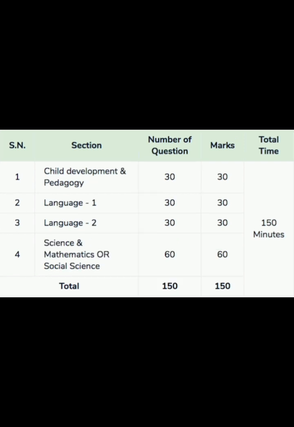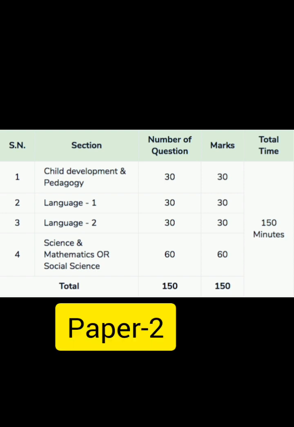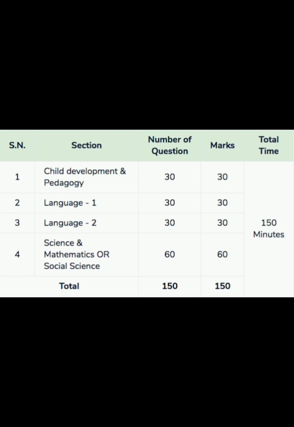For paper 2, child development and pedagogy, there are 30 questions, marks is 30. Language 1, 30 questions, marks are 30. For language 2, 30 questions are there and allotted marks are 30.